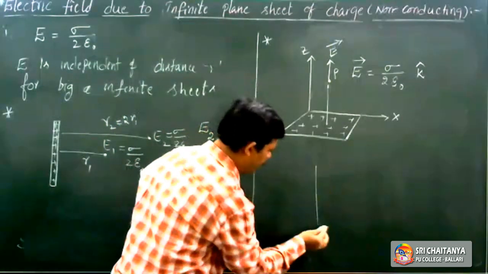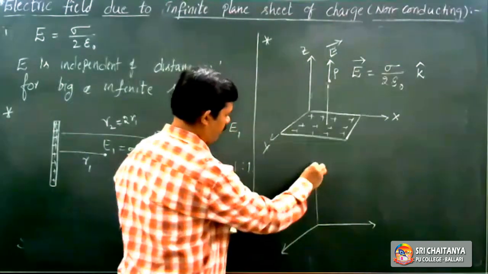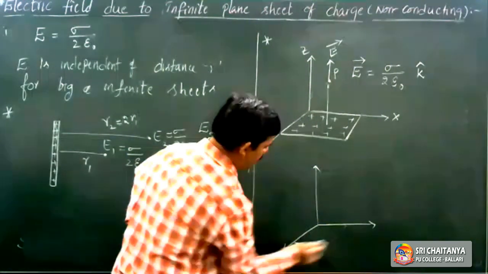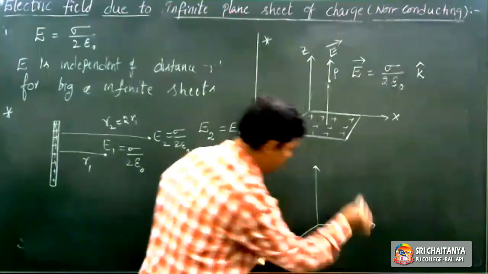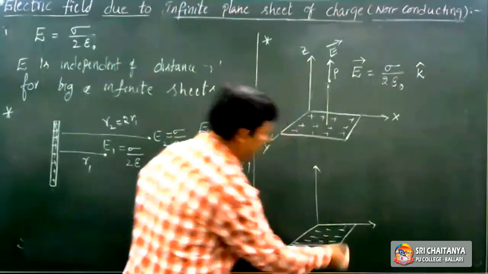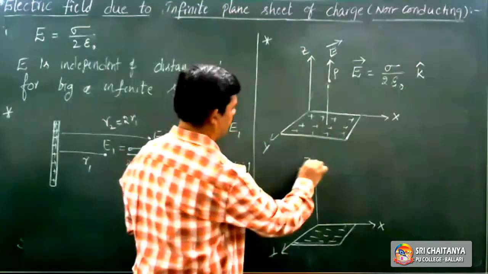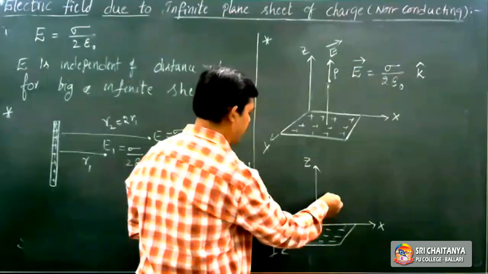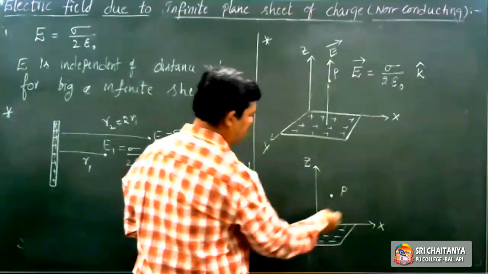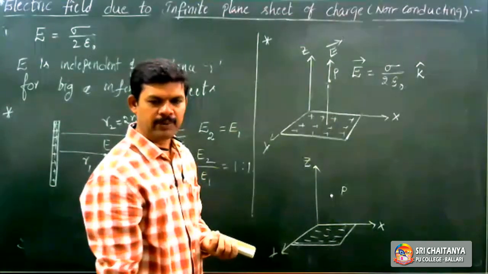In the same way, this is the sheet. Now I gave negative charge on that. Same question I am asking. At a point P, at a distance R, what is the direction of the field and its magnitude?